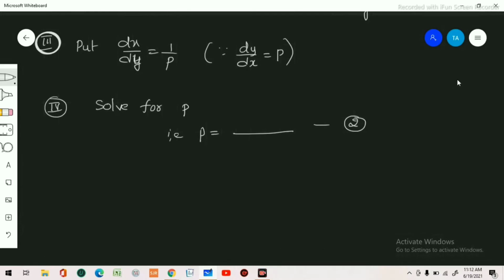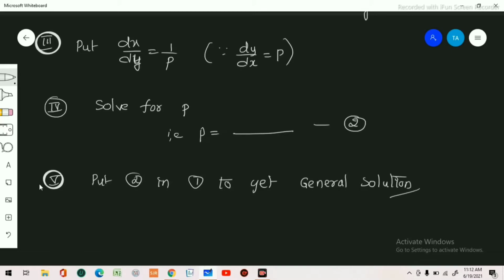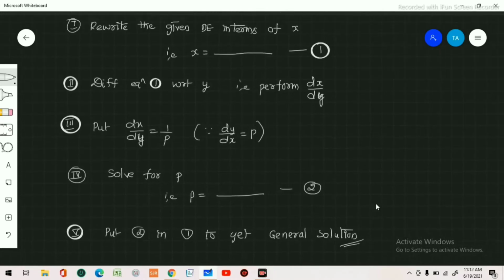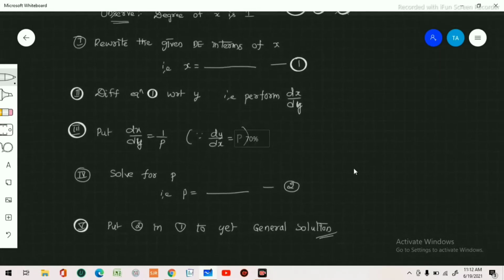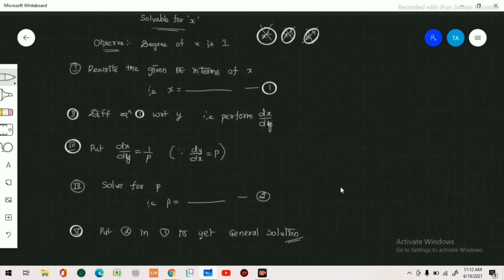And the last step is to put 2 in 1 to get the general solution. Is it clear? I'm showing all the points now.